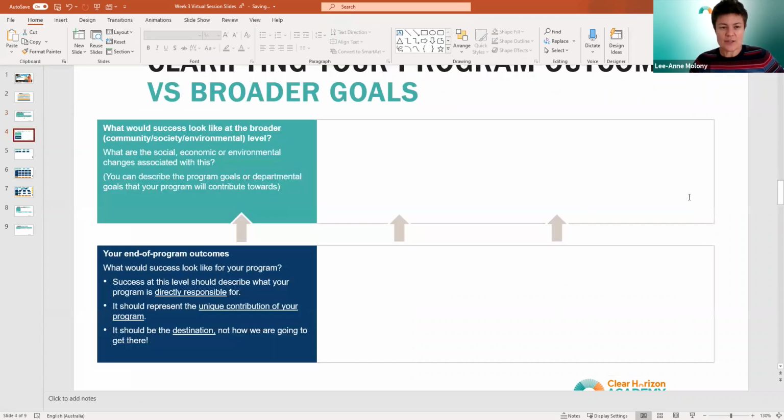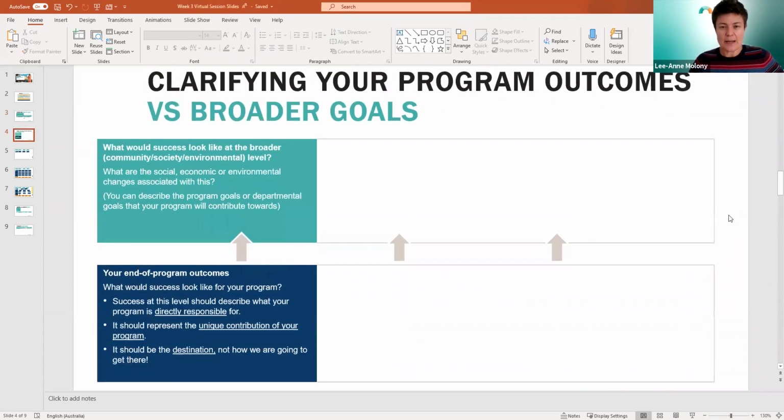What we're going to do now is start thinking about when we clarify our program logic or our theory of change, we make a distinction between what is bigger than our program and what this program contributes to, and then what our program's unique contribution to solving that problem is.